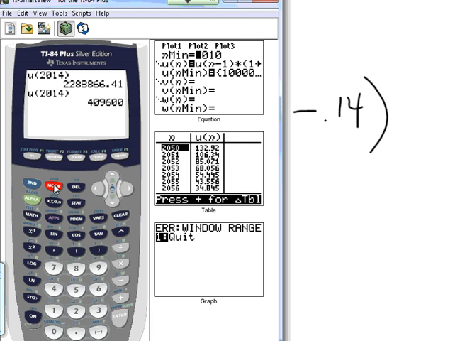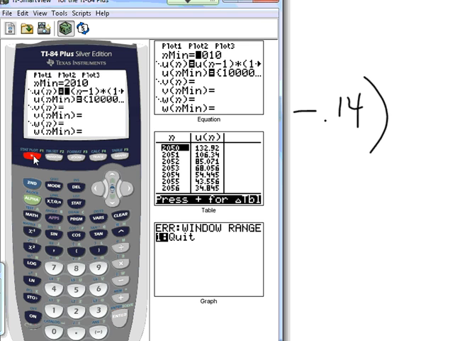Okay, so I'm going to go back to the y equals thing here and say, let's just say I don't tell you what year the problem started, but it's a real world problem. Then what should you do? If I don't tell you what year it started, you'd put a 0 right here. Real world problems, it's best to start with a 0.